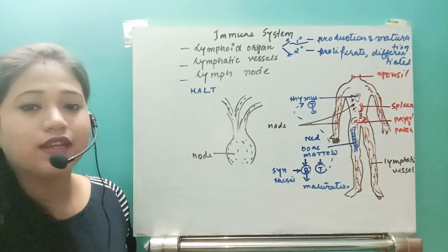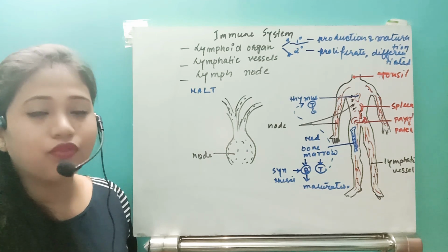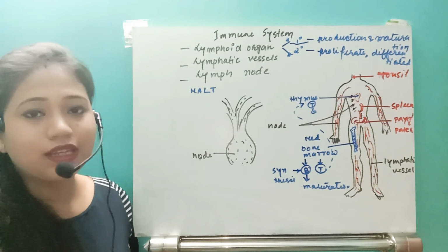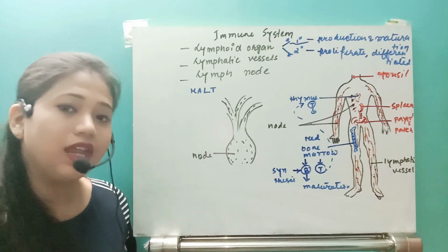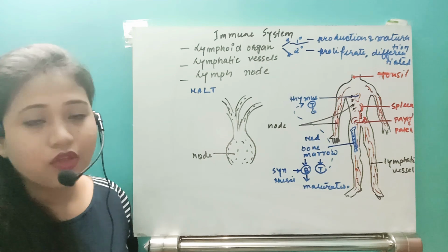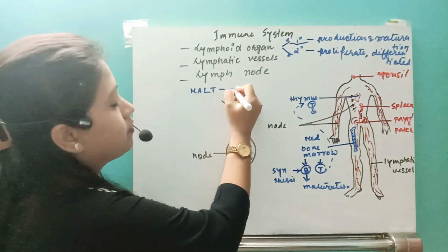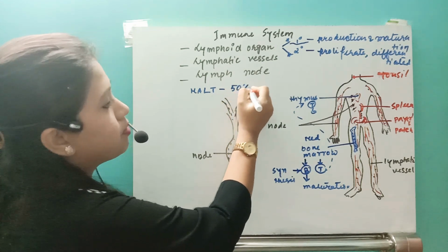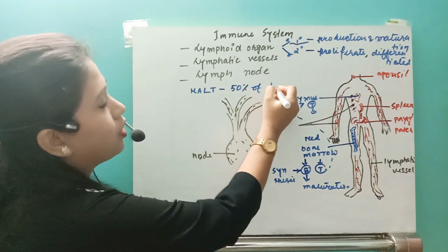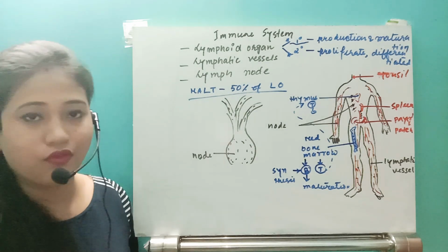It also provides us immunity. If some foreign particle enters with the food or water we eat, then MALT has the capacity to kill that foreign particle. MALT constitutes around 50% of the lymphoid organ, so that's why MALT is the largest lymphoid organ.